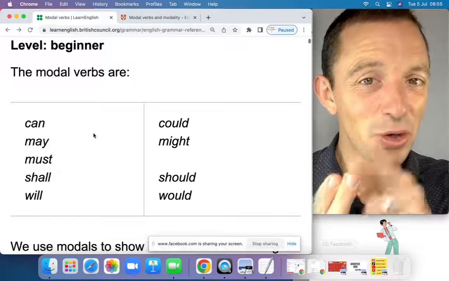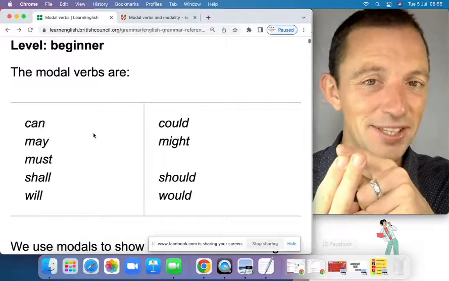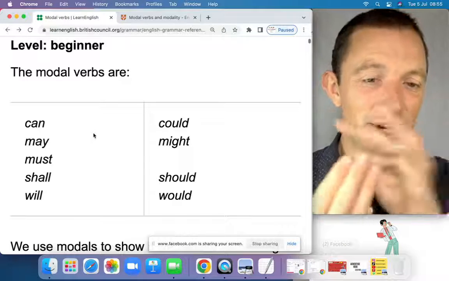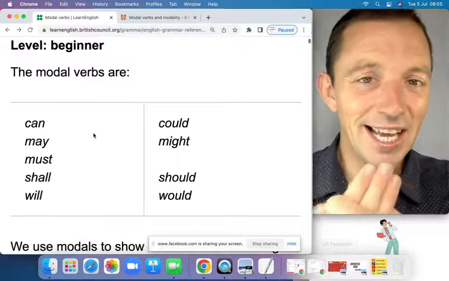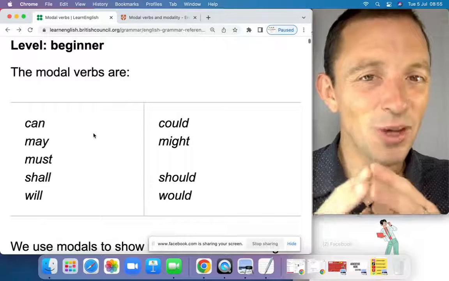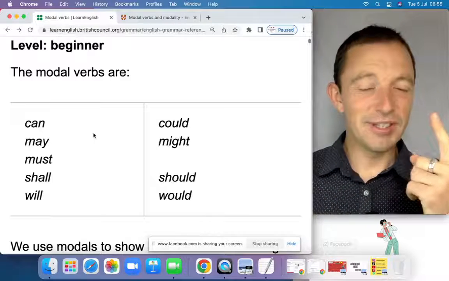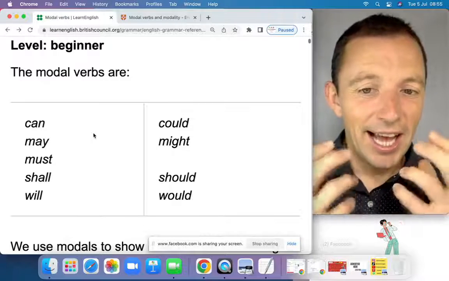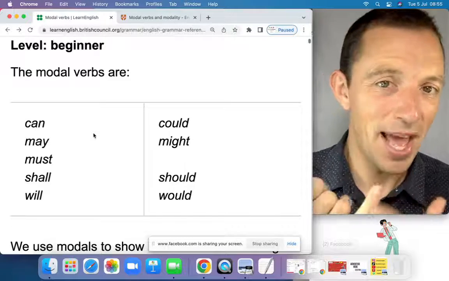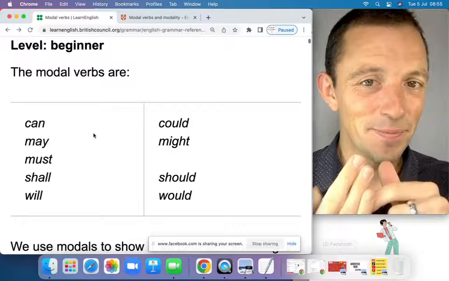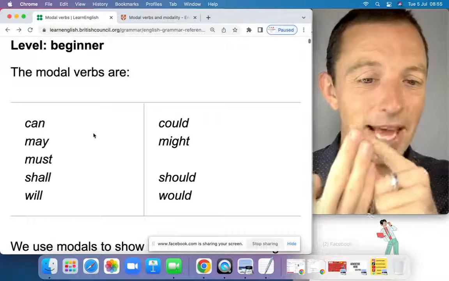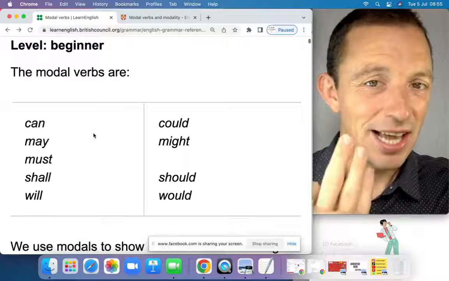I might go to the cinema. All three are very similar in the area of possibilities: options and possibilities. And that is the context for using may, could, and might. Remember, can is for ability and permission. May, might, and could are for possibilities and options.